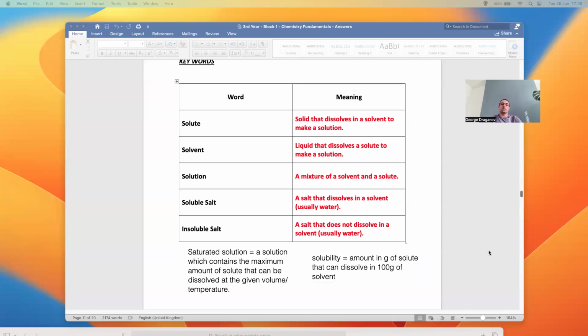So when something is given a solubility number, it might be 60 grams. That means 60 grams can dissolve in 100 grams of solvent.